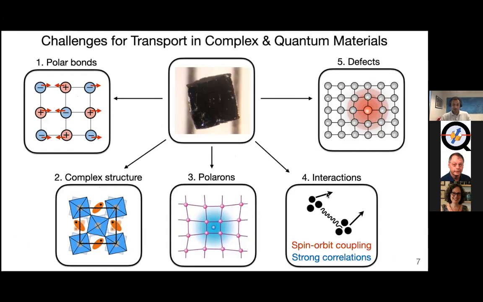Also, the electron interactions can be difficult to treat, and that's particularly the case for quantum materials. In particular, for systems with heavy atoms, spin-orbit coupling is important. And then for correlated materials with d or f localized electrons, one has to take into account the strong correlations. And finally, all materials have defects, which tend to govern transport at low temperature.